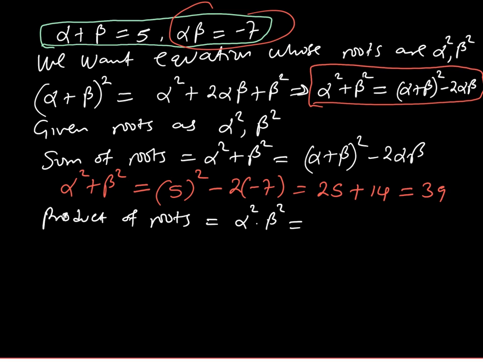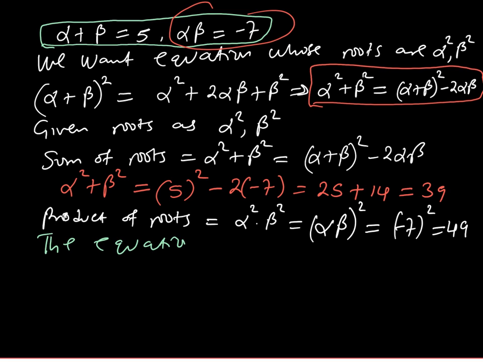So this is alpha beta squared, and the value of alpha beta is minus 7. If you square this, you end up with 49. Now, how do we write the equation? The equation is x squared minus sum times x plus product equals 0.